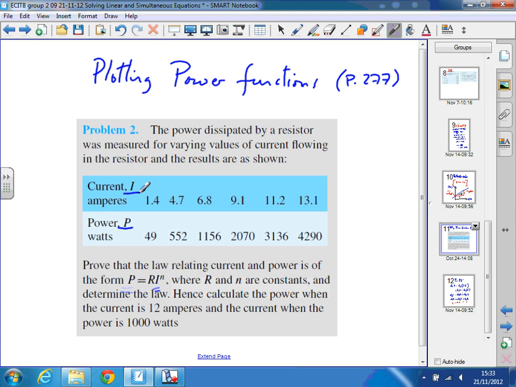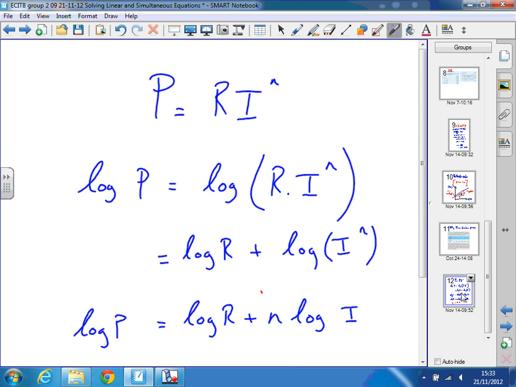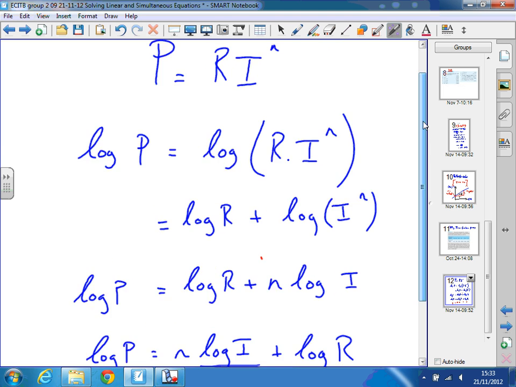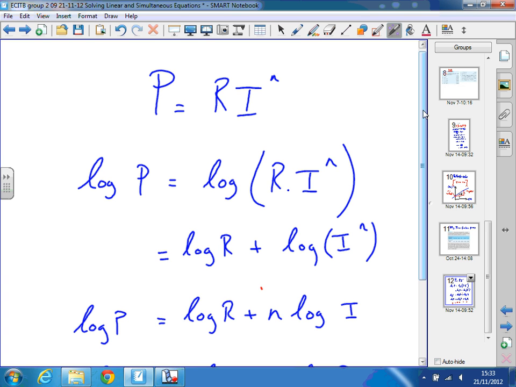If we rearrange that function, and that's what we've done, here it is, it's the same function just written in a different way, i.e. like this. Now if we plot not the power but the logarithm of the power against not the current but the logarithm of the current, and we get a straight line, we've proved that the function is of this form. The fact that we get a straight line means it must be of this form.